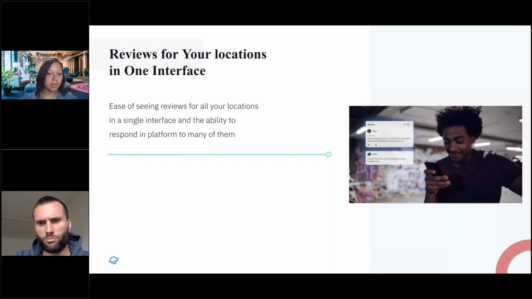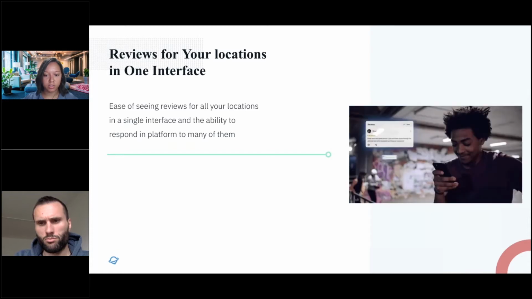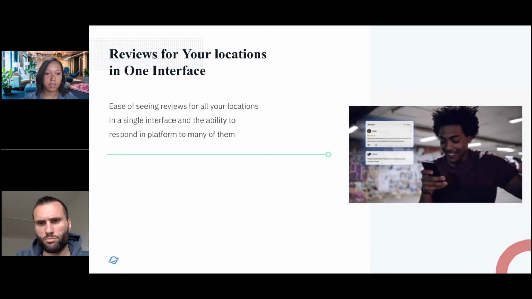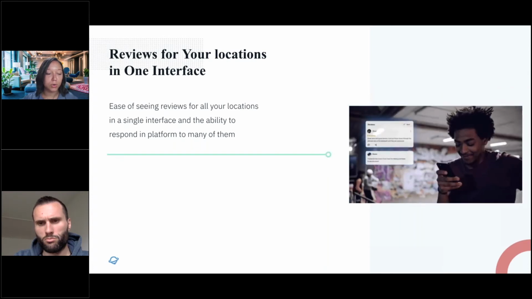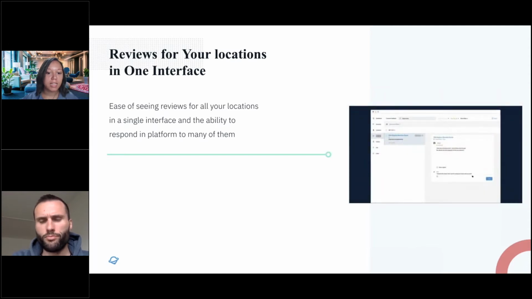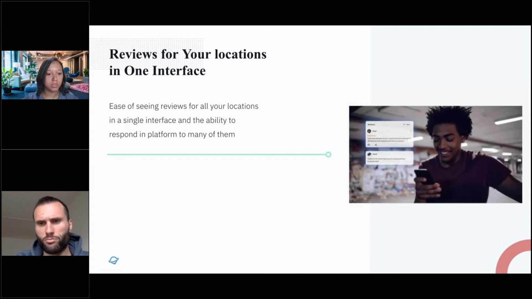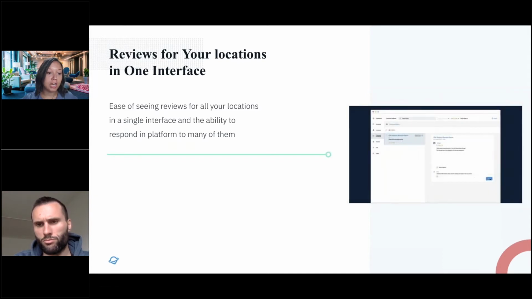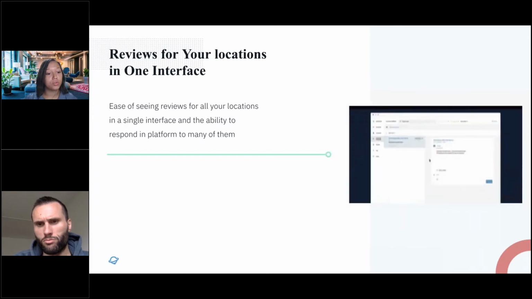The other thing that our platform does is it's going to bring in the reviews for all of the locations you're managing. I think the first step in getting visible online is, of course, your location data, but reviews is one of those factors that for the last 5 years just grows in terms of importance to not just search engines and how they rank you, but consumers and how they understand your business and hopefully choose your business.